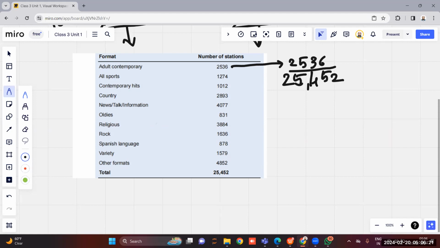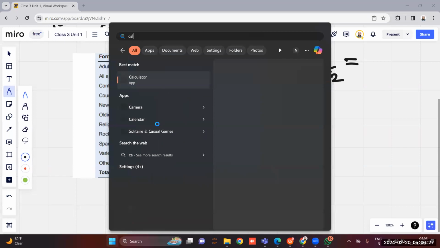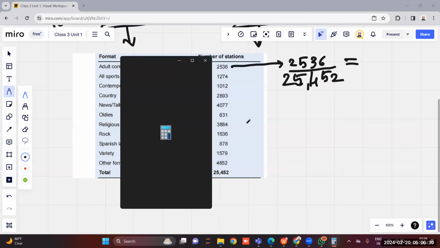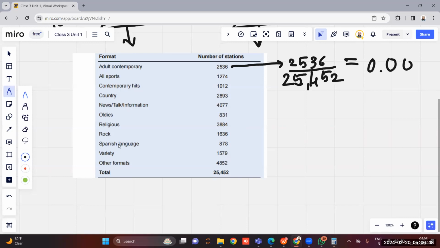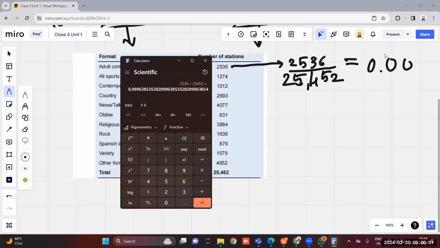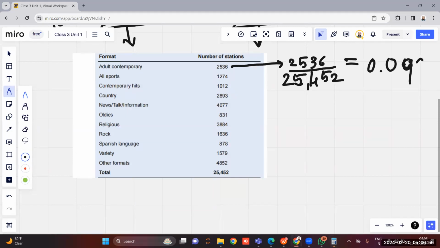When I divide this, you'll see what the calculator gives us. 2,536 divided by 25,452 is 0.09638, roughly 0.0996. So this is the relative frequency, RF.